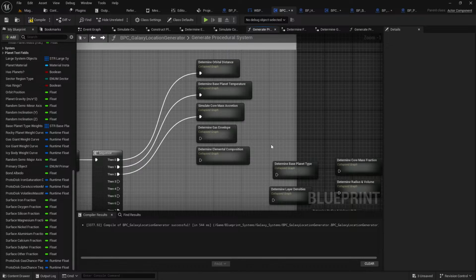So what I've done is I've taken a slightly different approach to how we go about generating each planetary body. So I'm using the core accretion method. So essentially, every single planet starts off as a rocky core, and then the eventual type of planet depends on what happens after that initial rocky core has formed.